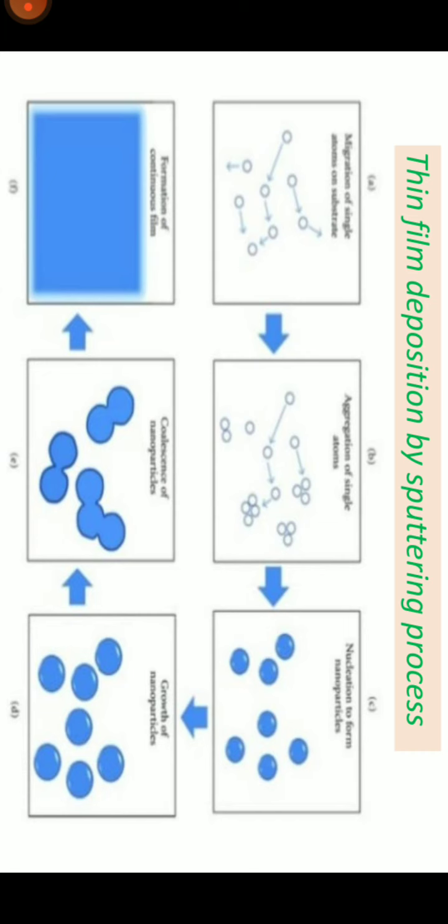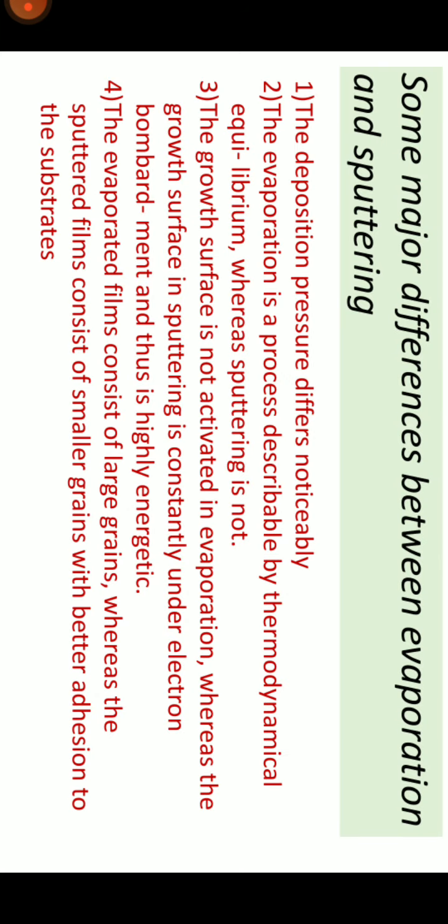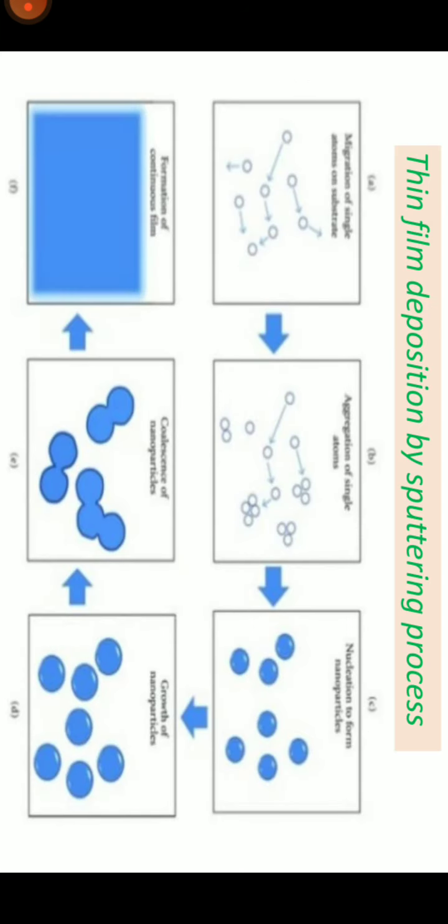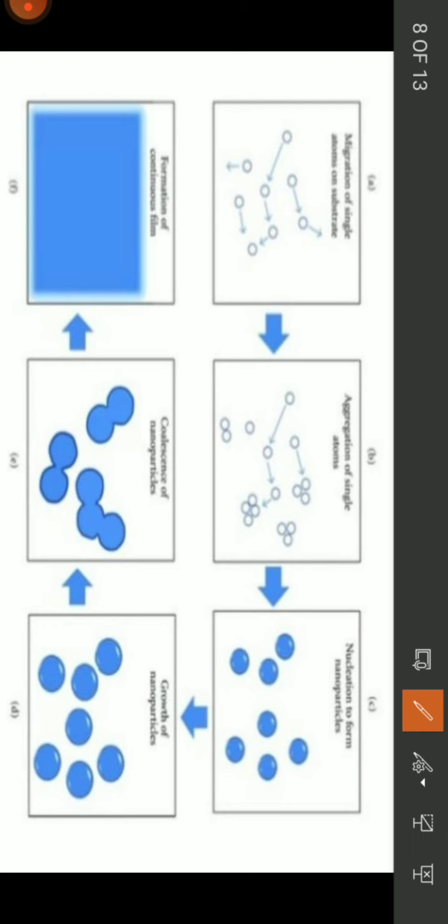So by the DC sputtering process, the first part includes the migration of single atoms to the substrate. The atoms are migrating. Then the aggregation of the single atoms is taking place in the second image. Then the nucleation of atoms to form the nanoparticles.